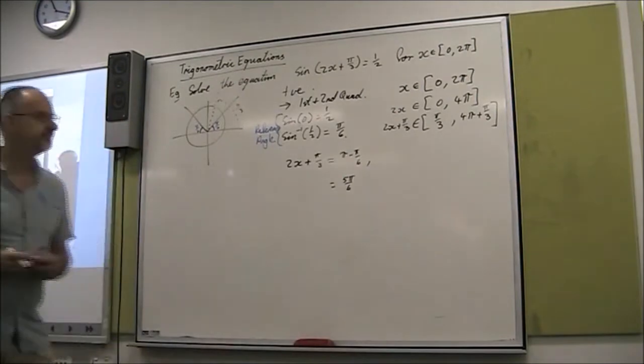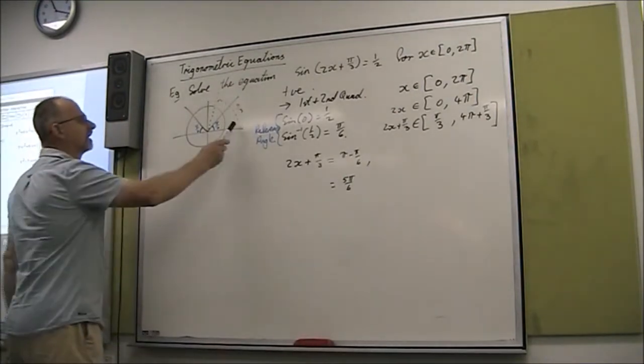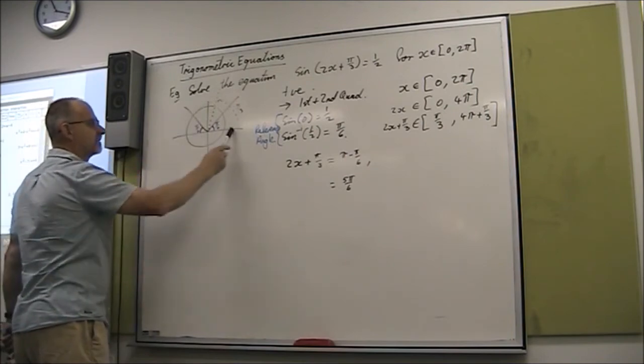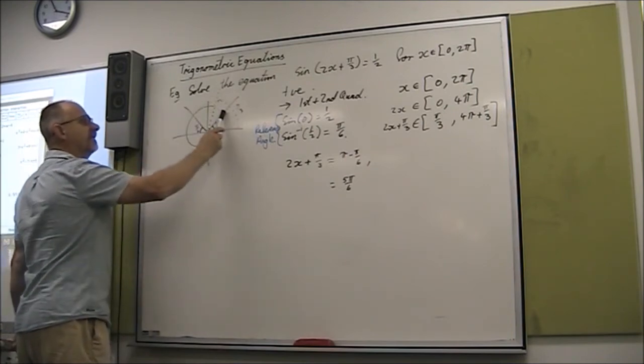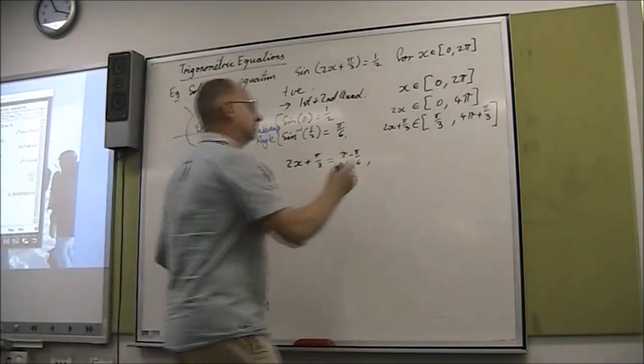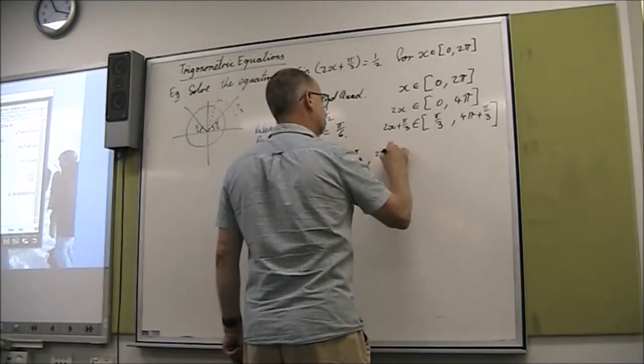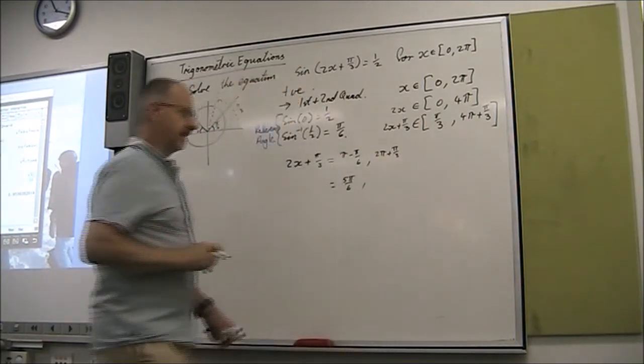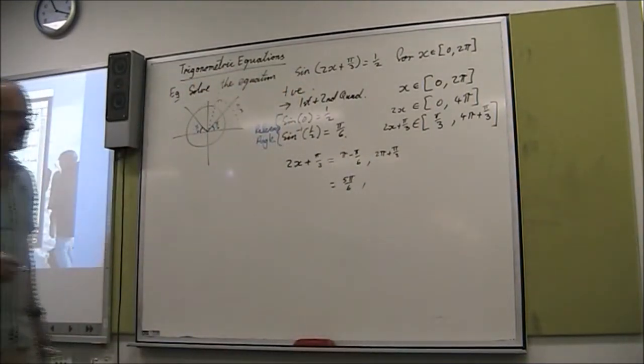So that fits in. Alright, so then next one, keep going. Around a whole circle, plus pi on 3, that fits in. And so what's that? 6, 7 pi on 3?